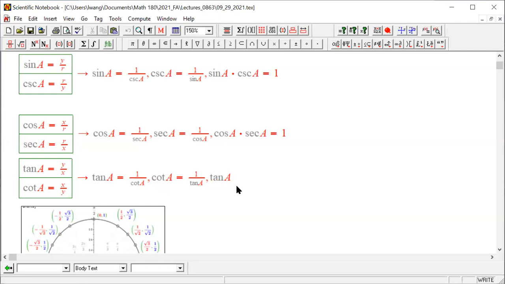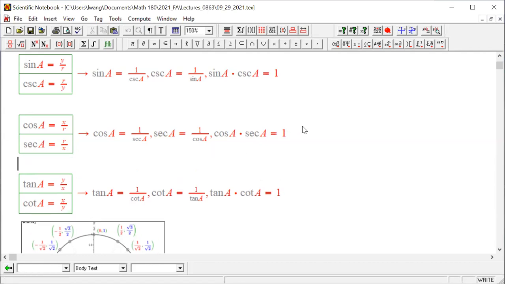So tangent multiplied by cotangent equals 1. These are the reciprocal relationships. And from these basics, tons of identities are derived. You typically would see that in the trigonometry textbook.